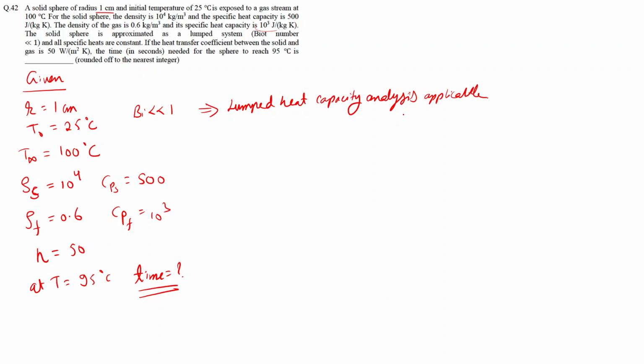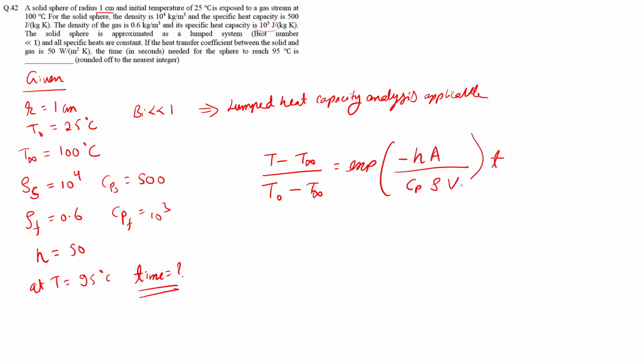From the lumped heat capacity, we know that the formula of the temperature varying with time is given as T minus T infinity, that is my ambient air temperature, over T0 minus T infinity, where T0 is my initial temperature of the solid body, and this will be equal to exponential of minus h A into Cp rho V into time, and this area is corresponding to the solid.